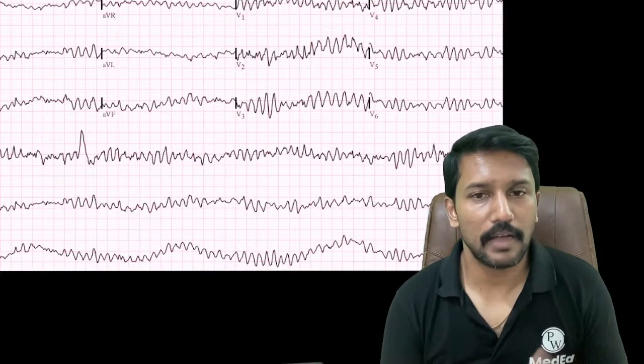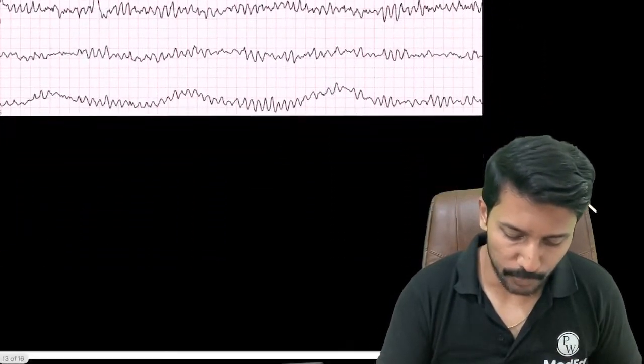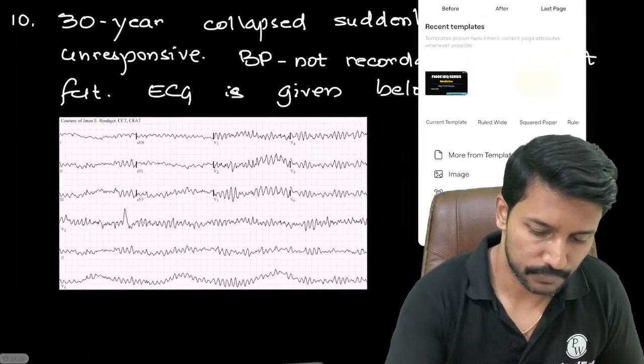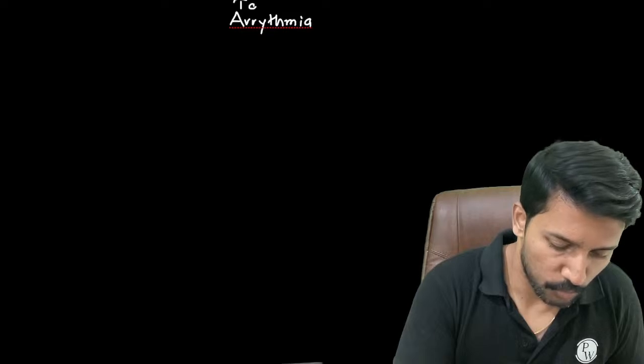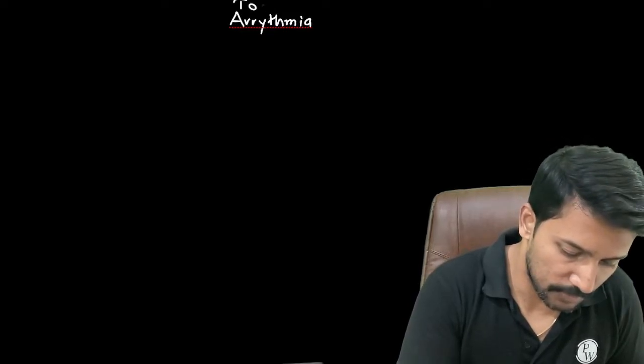Whenever we have an arrhythmia, what is the first step approach to a patient with arrhythmia? If you have a patient whose rhythm is gone for a toss, you have an arrhythmia. To be more precise, we have a tachyarrhythmia. What is the first thing that you will see on the ECG?